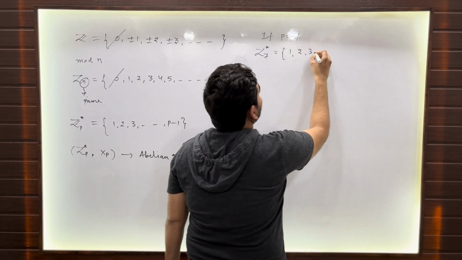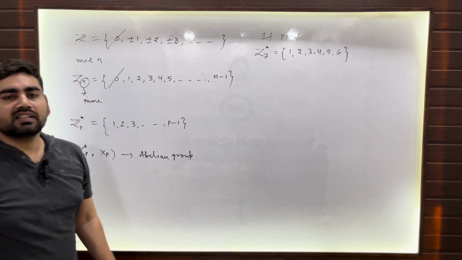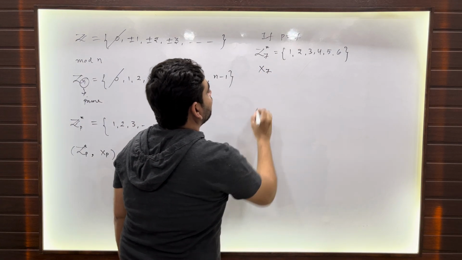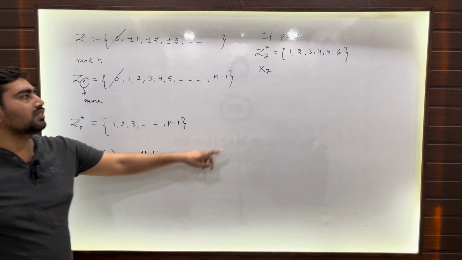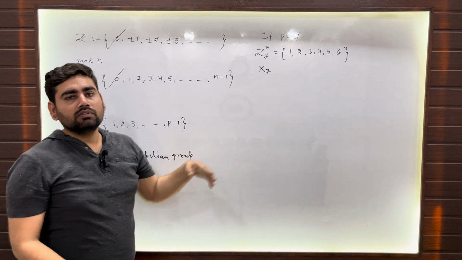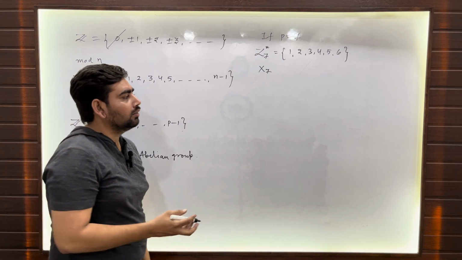This will be the set Z7 asterisk, and we will define an operation of multiplication modulo 7 over this set. Now this set Z7 asterisk under multiplication modulo 7 will form a group. We can observe it using the composition table or Cayley table.